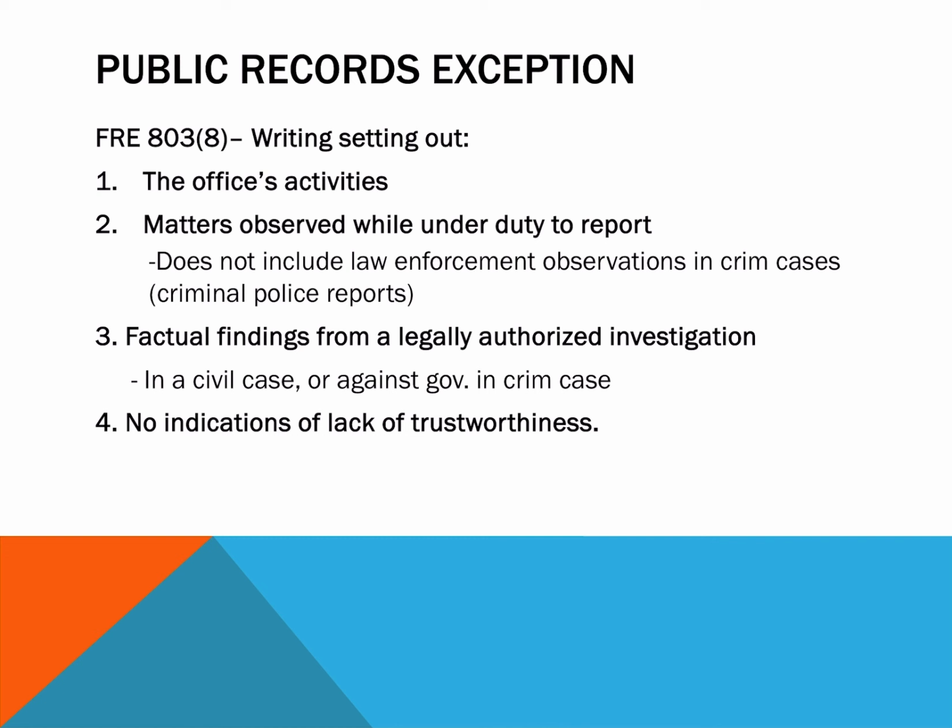Number 3, factual findings from a legally authorized investigation. And then number 4, these records also have to show that they don't lack trustworthiness. So going back to factor number 2, matters observed under a duty to report, this specifically in the federal rules, this is excluding law enforcement observations in criminal cases.